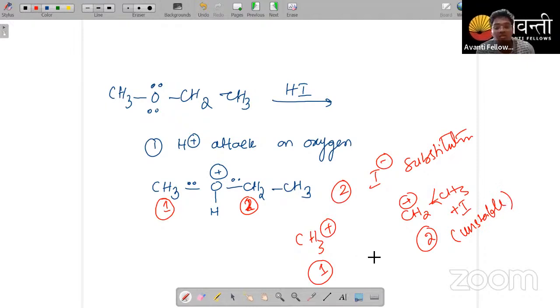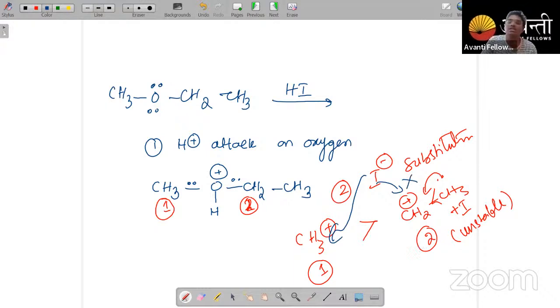Methyl cation will be more stable because there is no plus I group. But ethyl cation is unstable because of the presence of the positive group, which decreases the stability of the carbocation. So the most stable carbocation will be CH3 plus, which is ready to act as more electrophile. It requires electrons. So I minus will attack on the methyl cation, not on the ethyl cation.